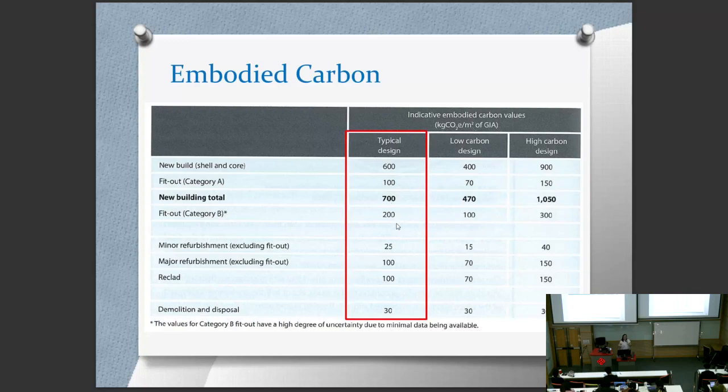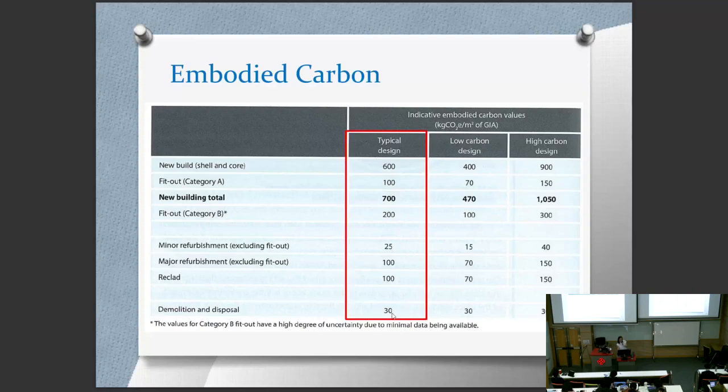And after a few years, there would be some fit out, minor refurbishment, major refurbishment, and then at the end of the lifetime of the building, you also need to consume some energy and throw away the waste to the landfill when the building is being demolished.